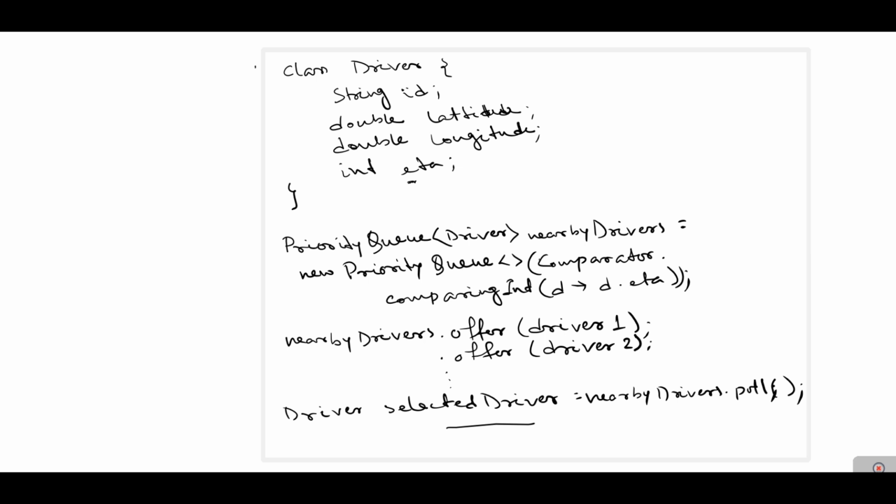In just a few lines of code, we have implemented the matching logic. Now, I would like to remind you once again, this isn't a production-ready ride booking backend, but it captures the same engineering thought process. Reduce the search space, organize the remaining data efficiently, and then select the best candidate.